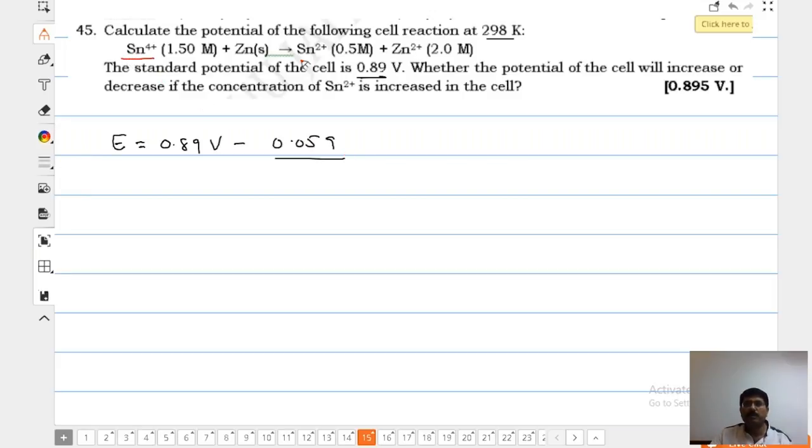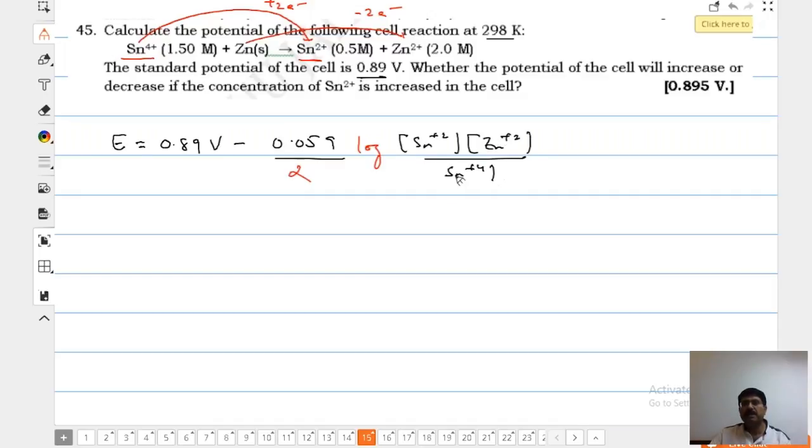Sn plus 4 converting to Sn plus 2. How many electrons gained? 2. Zinc going to Zn plus 2. Very good. 2 electrons lost. So 2. Log of, this is slightly different, Sn plus 2 into Zn plus 2 by Sn plus 4.